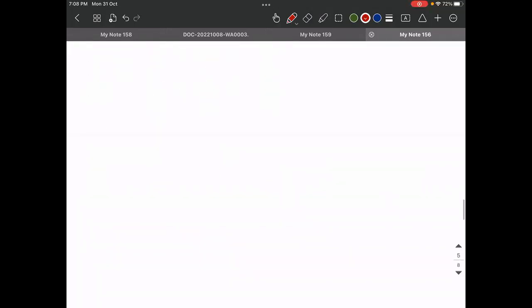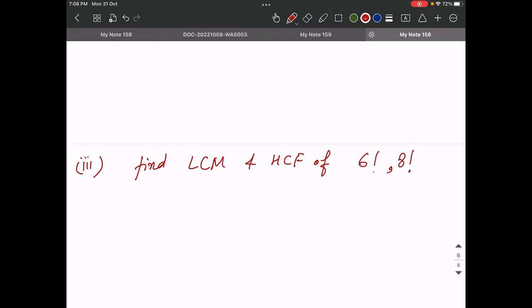Let's not waste time. Find LCM and HCF of 6 factorial, 8 factorial, and 9 factorial.